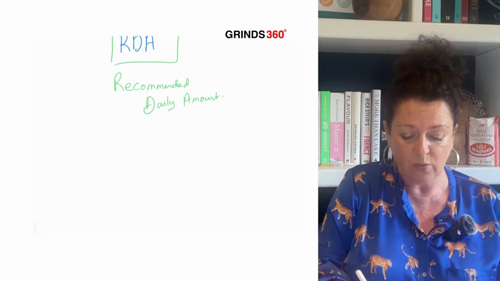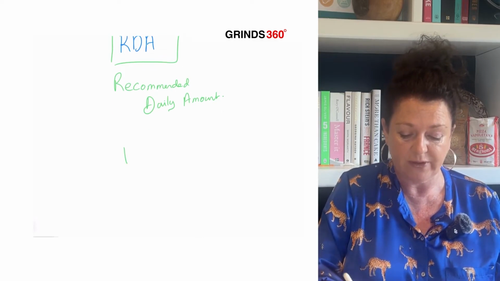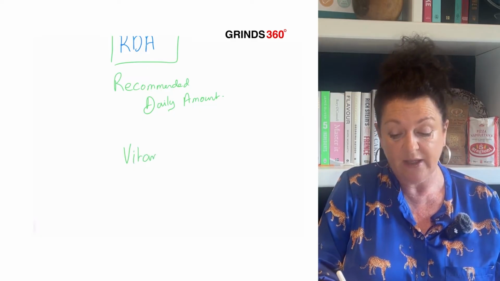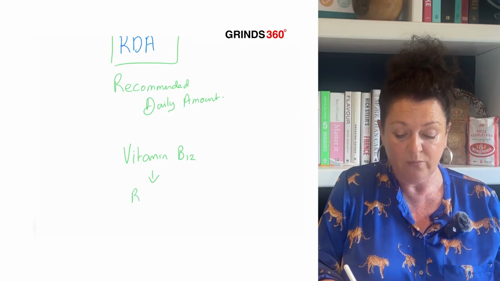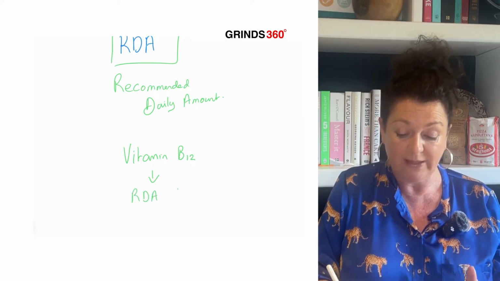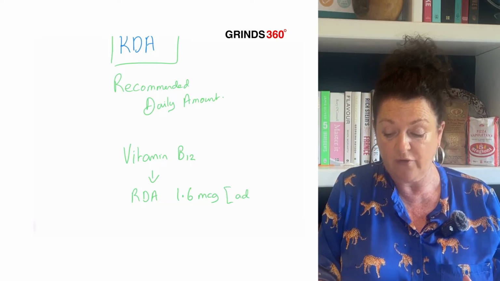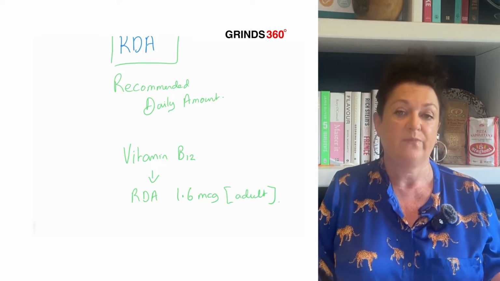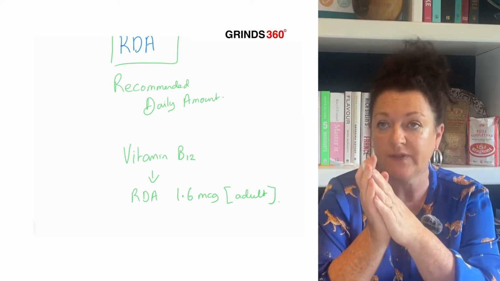So if we take one of our nutrients, and that is the micronutrient, which happens to be vitamin B12. Unbelievably, we're required 1.6 micrograms, which is what is required for an adult. Now, this is where the confusion arises.